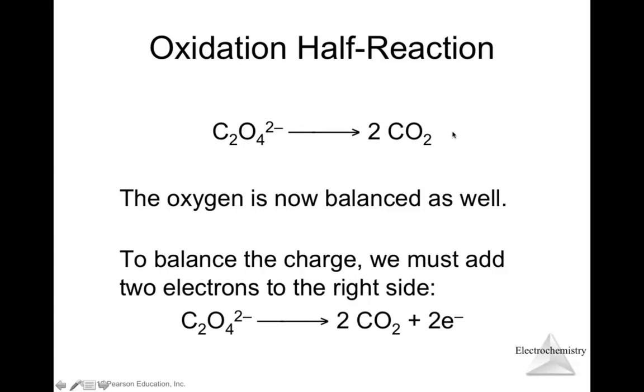And remember, the carbon went from +3 to +4, so this was oxidized, and the electrons in an oxidation half reaction are going to be in the products. So that makes sense. We have the electrons in the products because it's an oxidation half reaction. So we balance the charges, a total of -2 here and a total of -2 here. We have two carbons, and the oxygens are balanced.